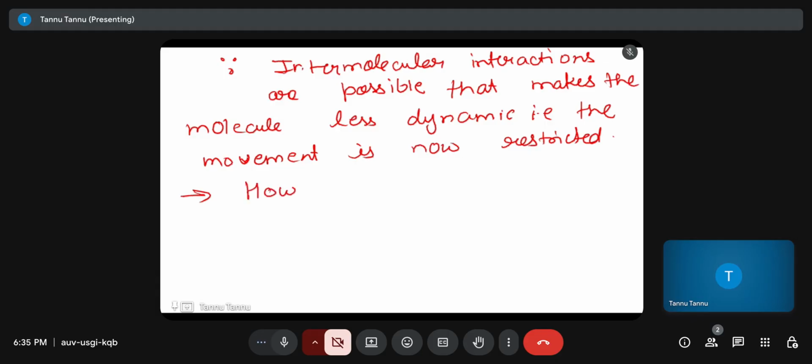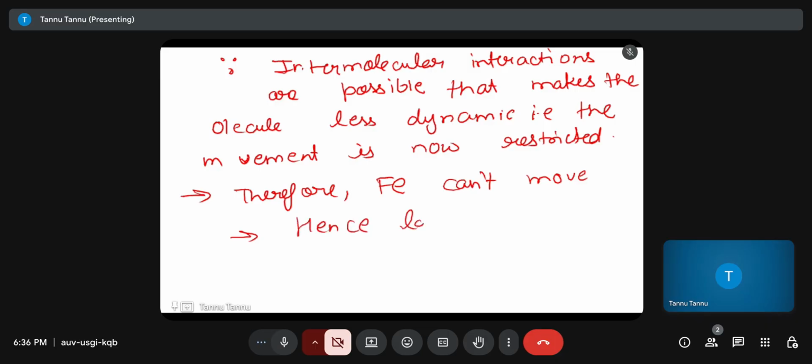Therefore, iron cannot move, hence localized and distinguishable.